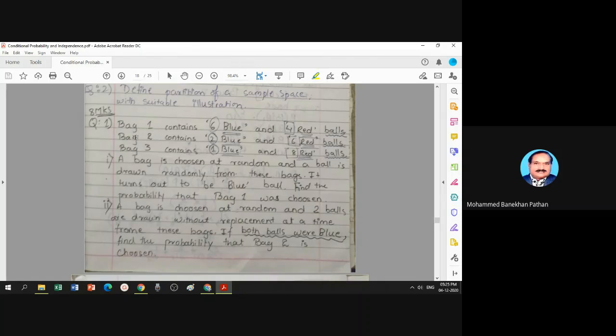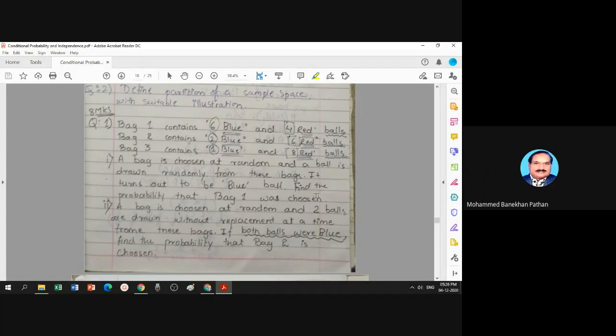Now on this information, I write bit 1. A bag is chosen at random and a ball is drawn randomly from the bag. It turns out to be a blue ball. Find the probability that bag 1 was chosen.